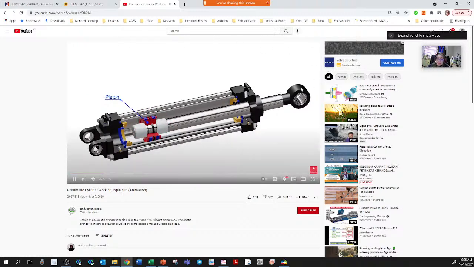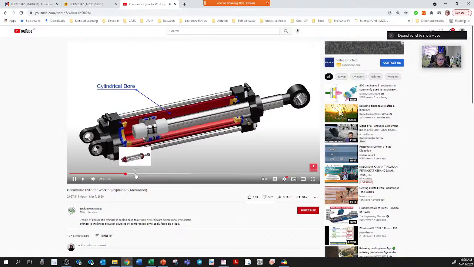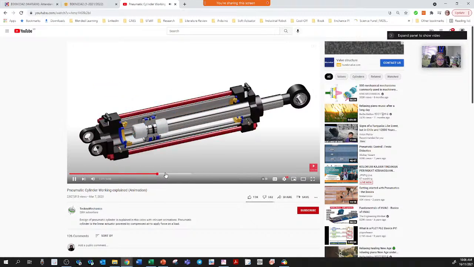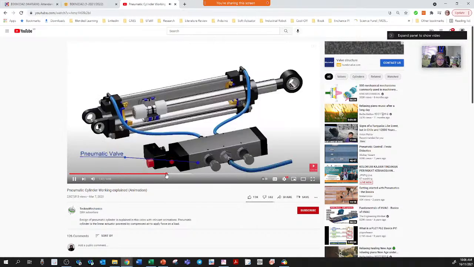Normally the end part is linked to a table or a load to move it. You have the control valve connected to both ends of the pneumatic actuator, one port here and another port here.